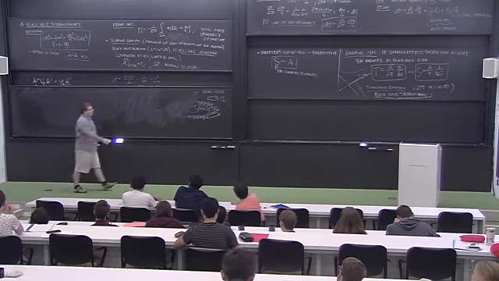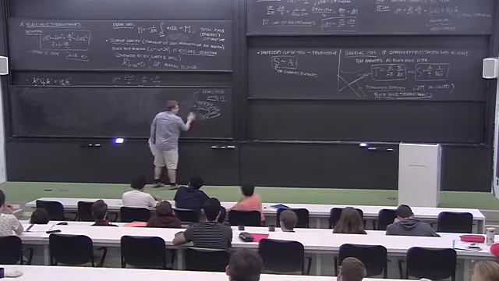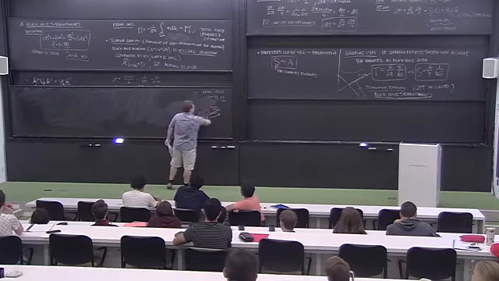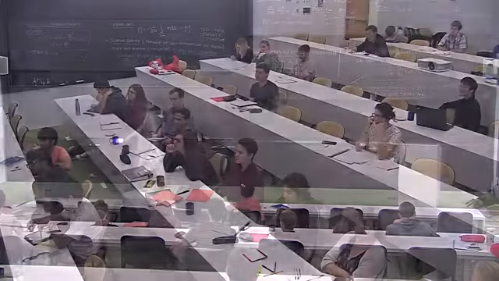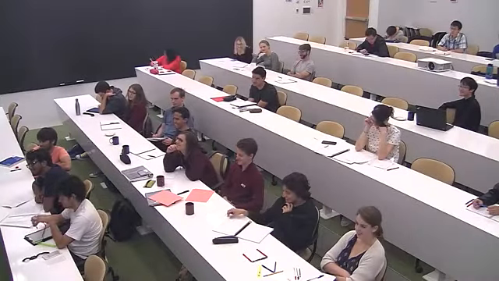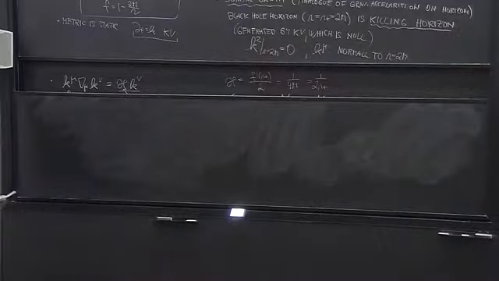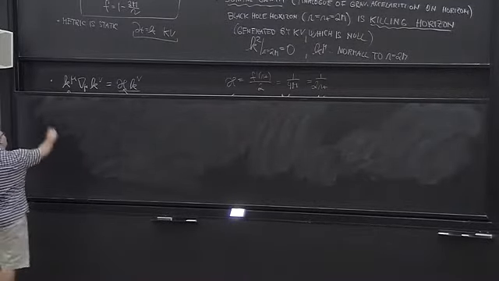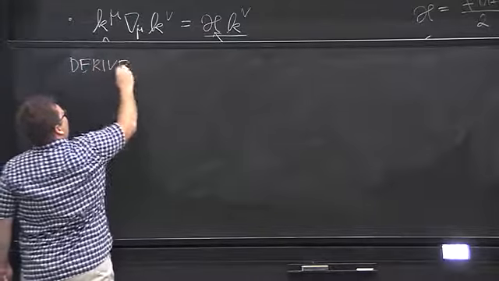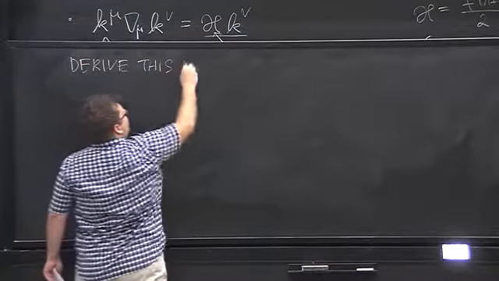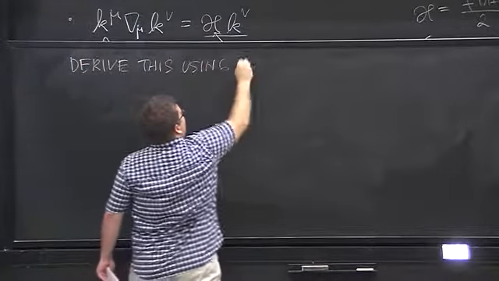Similarly, Roger Penrose was saying, well, all this Euclidean thing, it doesn't make any sense. And Hawking was saying, yeah, I developed it, so it makes sense. So anyway, I'll just present Hawking's argument here. So let's just derive this using the Euclidean trick.